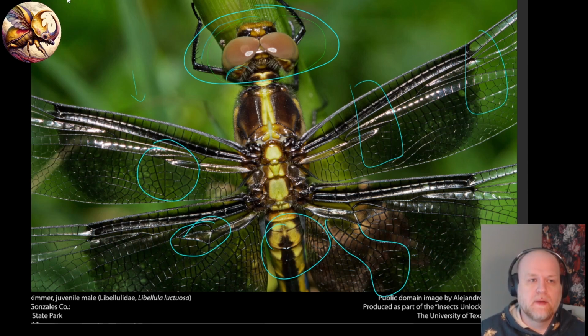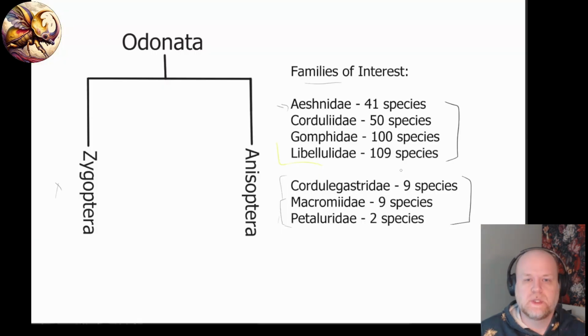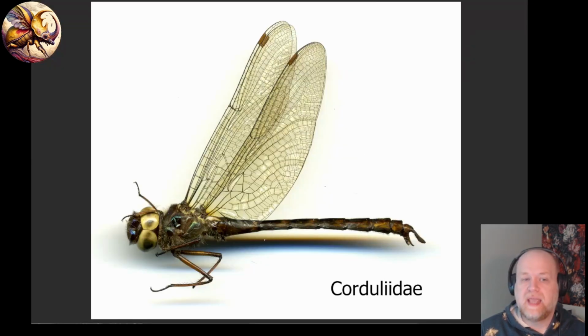The last of the largest groups are the corduliids, and there's only about 50 species in the United States. The corduliids are called the emeralds. There's 50 species scattered across 7 genera in the US, and they're called the emeralds because of their eyes. And this one is dead, and the color has faded somewhat, which is unfortunate.